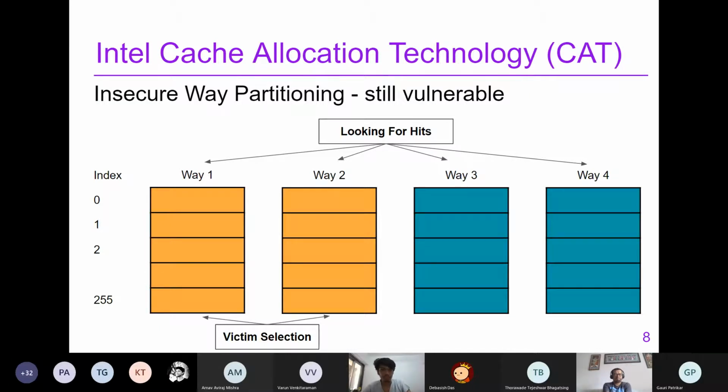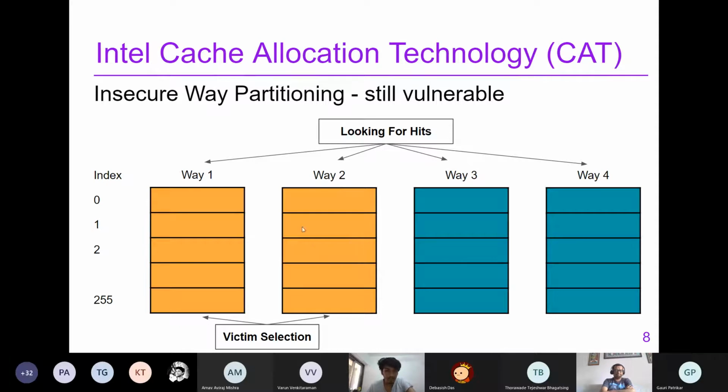It is insecure because, when it evicts from the cache, these two ways are given to one thread and these two are given to some other thread. So when there is an eviction, the eviction happens in that thread's own ways itself, so that it cannot crash the full LLC, right?